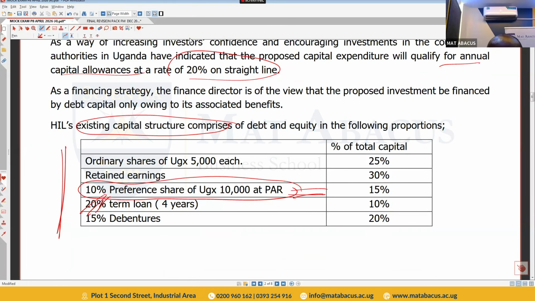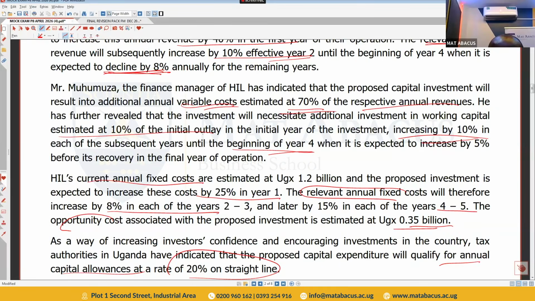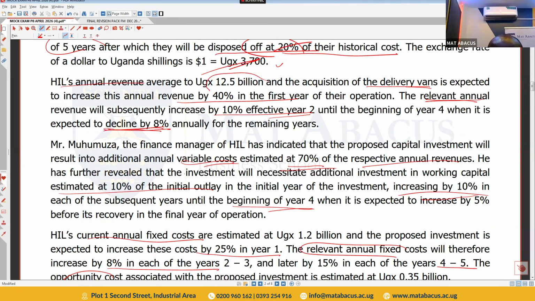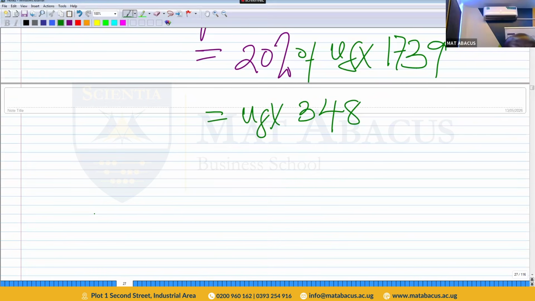That means, can you go and do a working? Working 3, and we are looking at annual revenue.